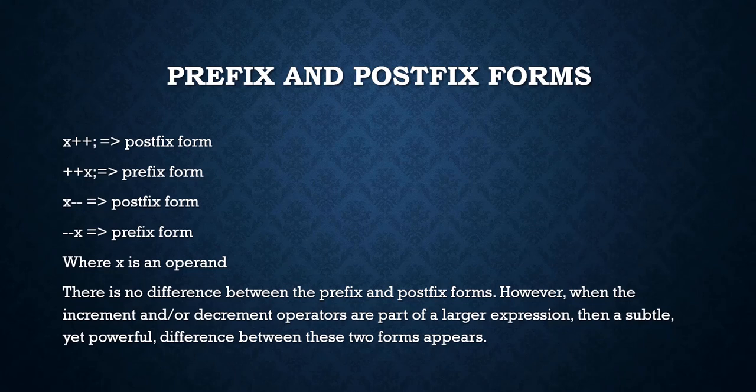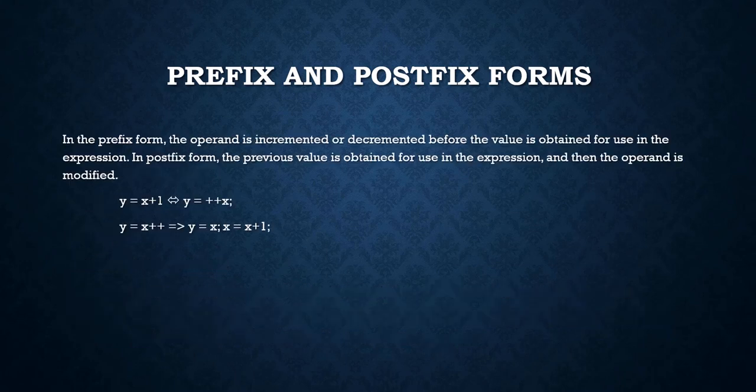So let's see what the difference is between the prefix and postfix forms. In the prefix form, the operand is incremented or decremented before the value is obtained for use in the expression. Let us take a simple example.